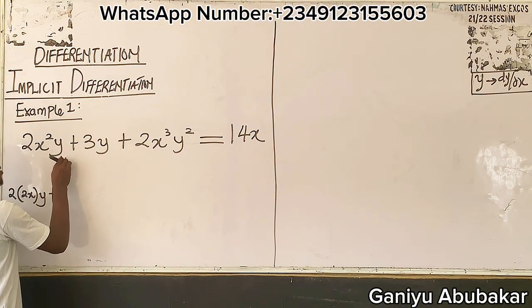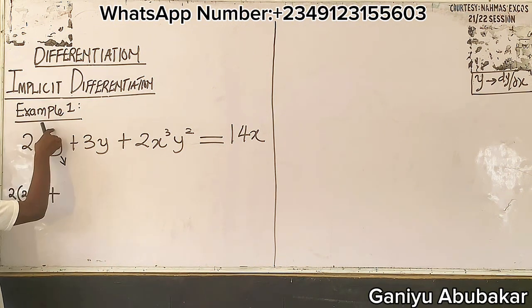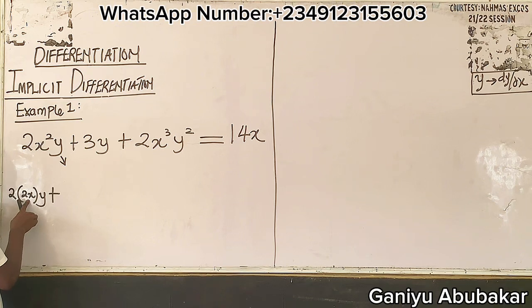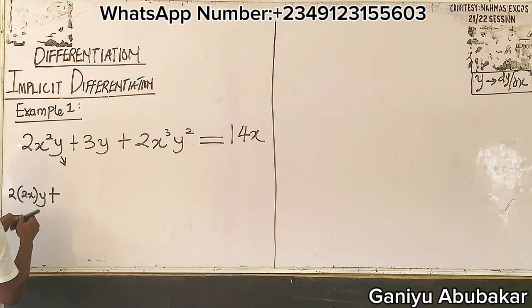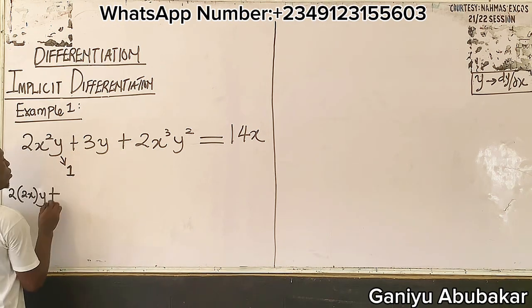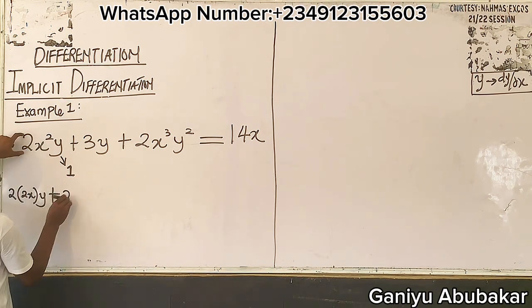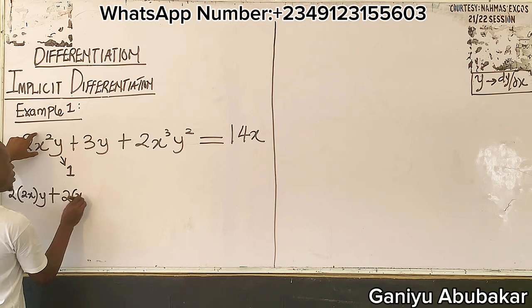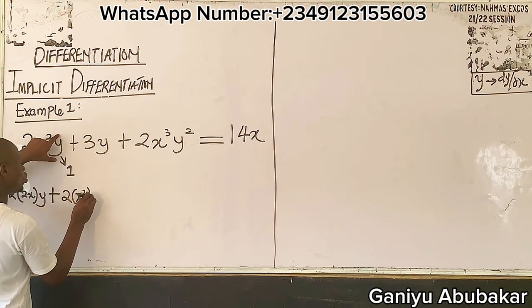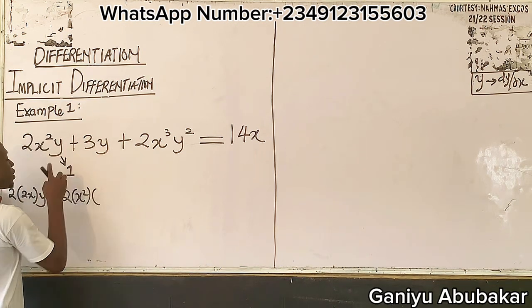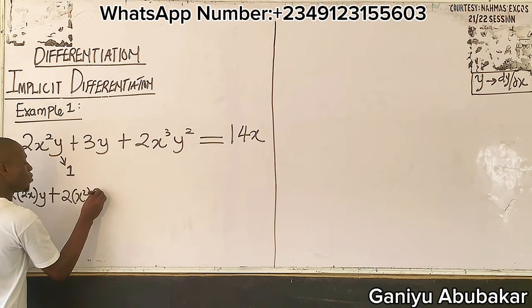For this y, I just differentiate y, not x squared. I had this expression 2x squared, so this value comes down. I'm done. Mind you, I differentiate y, not x. This is y. Differentiate y, I'll have just 1. So it means I'll have 2 into x squared into, not y now, but what I differentiate, this is 1.